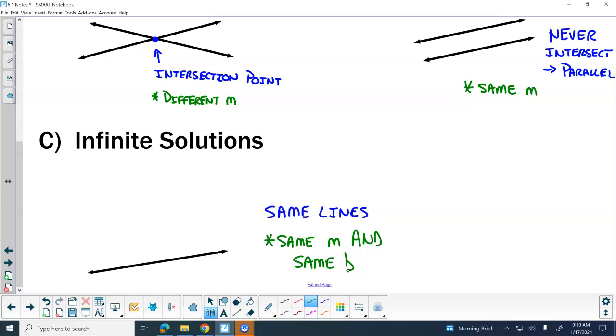If you have parallel lines, your solution is no solution. If you have the same line, your solution is infinite. Those are your three possible answers going forward, and that's pretty much for the whole unit. A point, no solution, infinite.